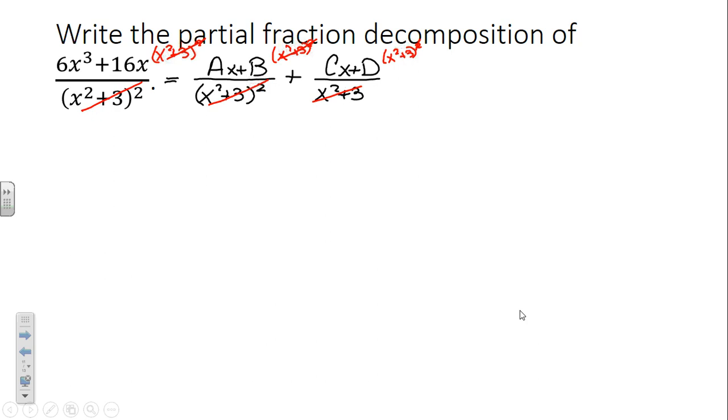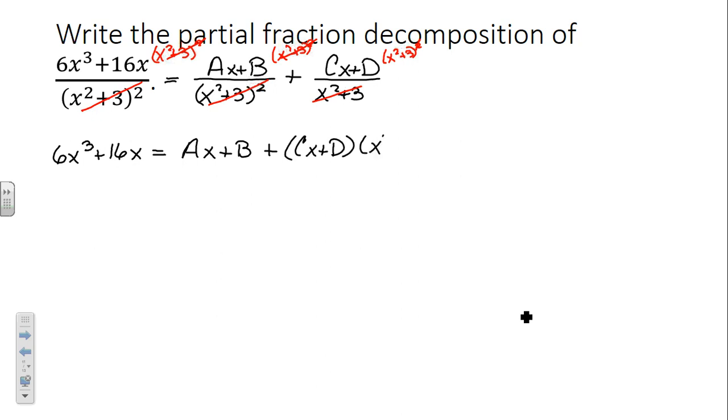All right, so 6x cubed plus 16x, the denominator is now gone, and then we're going to have an ax plus b and cx plus d times that x squared plus 3 that's still left. Because we've taken care of both of them.